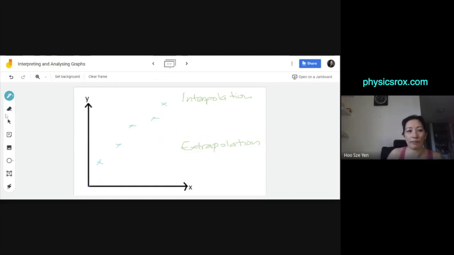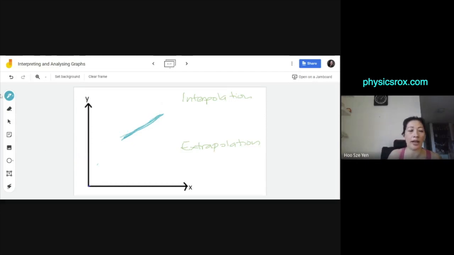Extrapolation means this. To extrapolate means to extend the line. For example, if you have a line like this, hanging in the middle, I'm sure you did this before in exams. Let's say they ask you, based on this graph, what's the y-intercept?